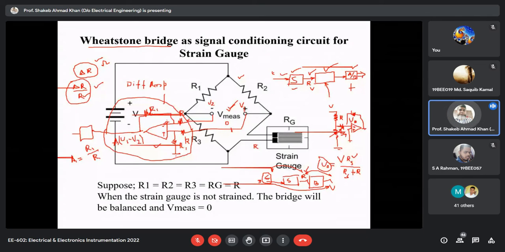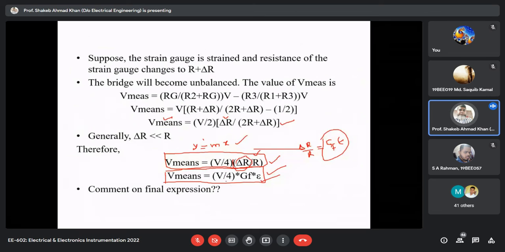And whenever there is a change in resistance for any reason, whether temperature or strain, this voltage will change. This voltage is finally calibrated in terms of strain, you put a meter here and calibrate it in terms of strain, because every value of voltage corresponds to a certain value of strain from this mapping. This is the final expression.